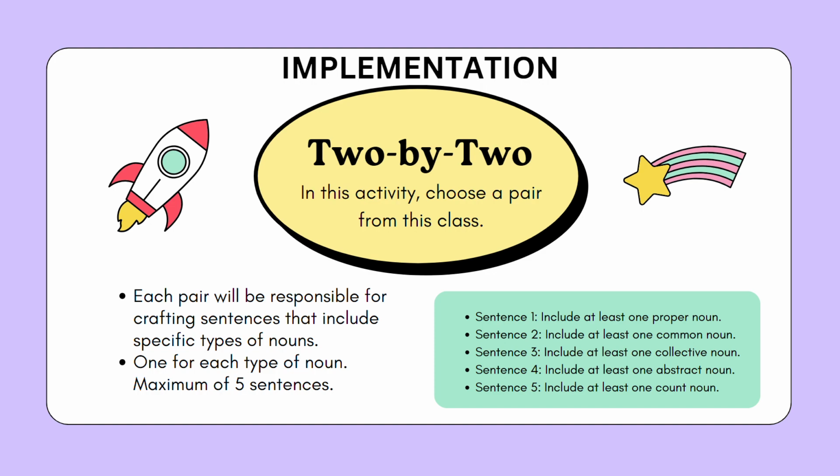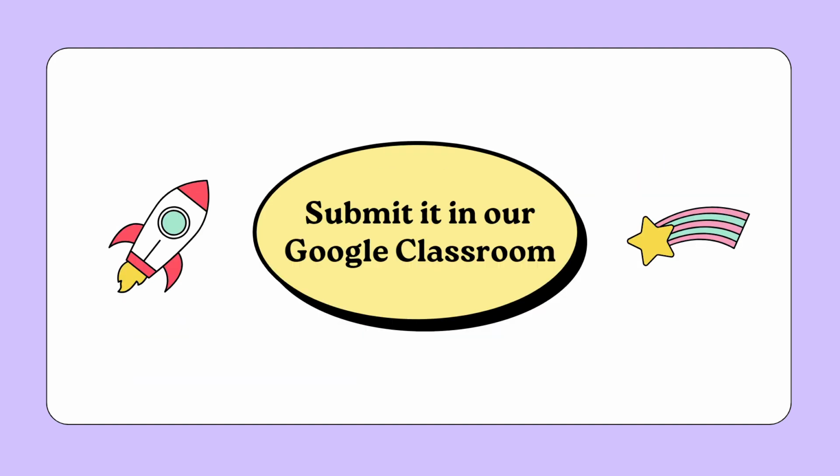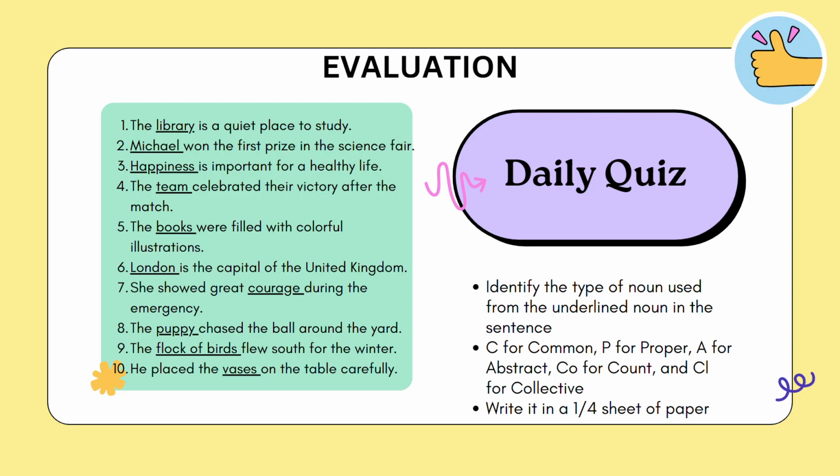And lastly, we have the evaluation. As you can see, I provided a short quiz about nouns because I want them to recall what they have learned and understood throughout my lesson. This helps determine whether the learning objectives were met and how well the students understood the content.